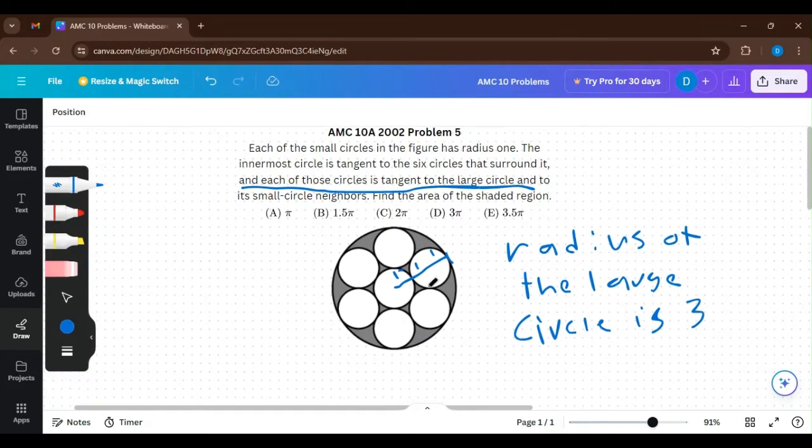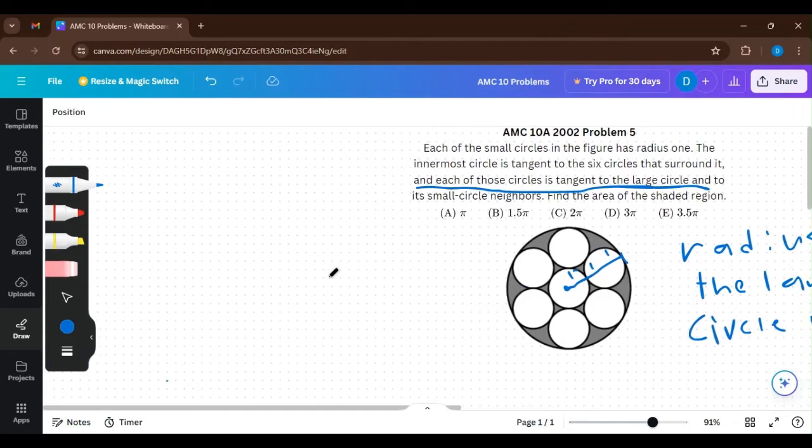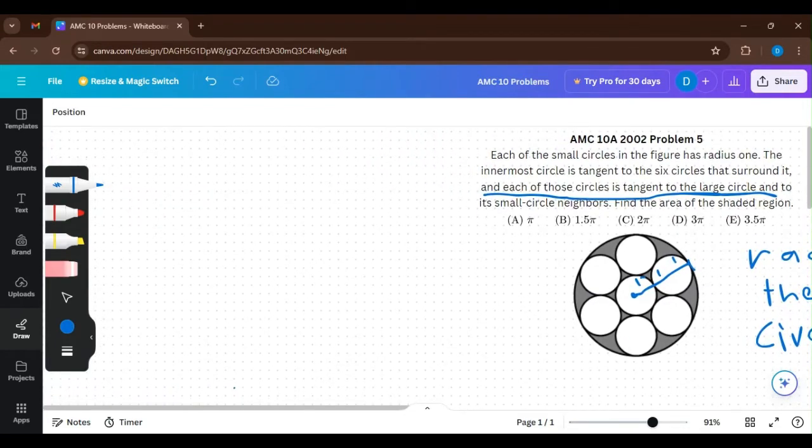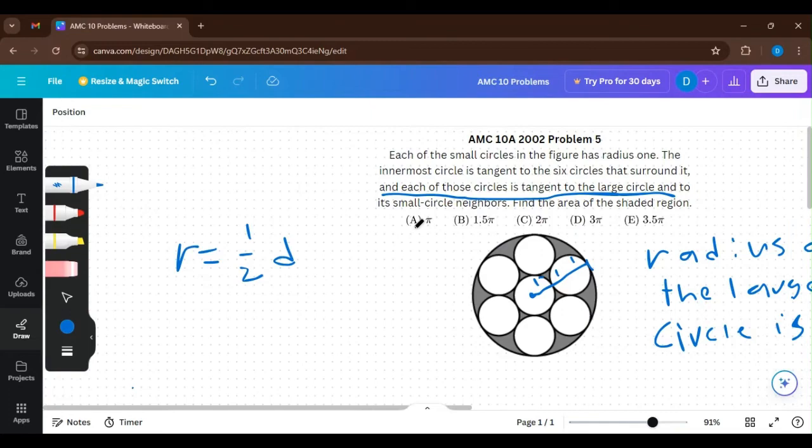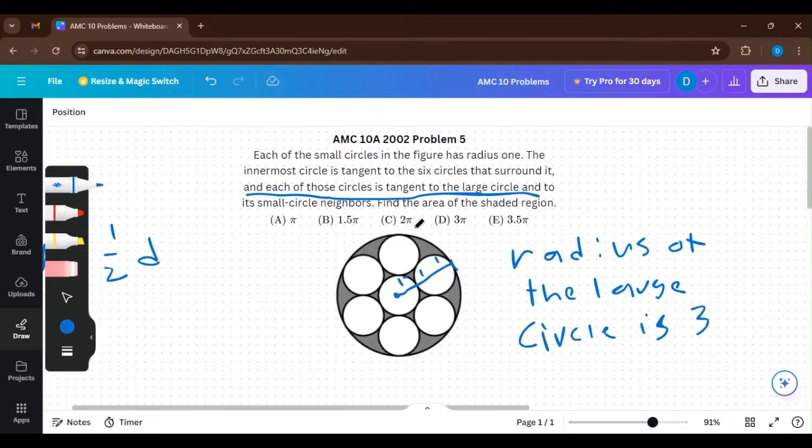Because we're starting from the center, and as you see here, the radius of one small circle is 1, and the diameter of one small circle is 2, because 1 plus 1. So radius is 1/2 the diameter of any circle. So we know that the radius is 3.